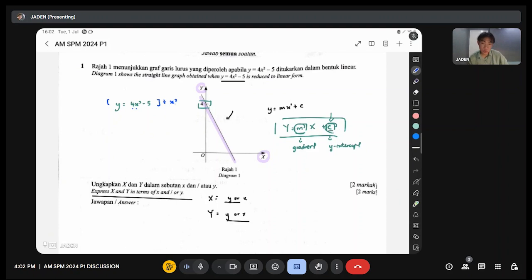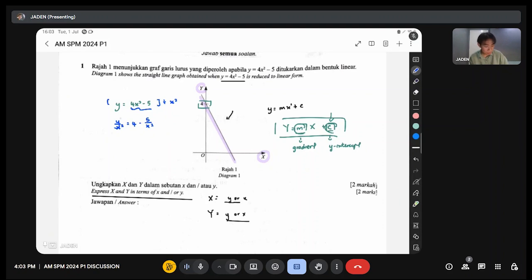So when I divide by x squared, remember, I divide the left hand side, which is y. Over here, 4x squared, if you divide by x squared, the x squared can be cancelled, so you only left with 4. But your negative 5 here cannot be cancelled by x squared, so we just write it back, divided by x squared.